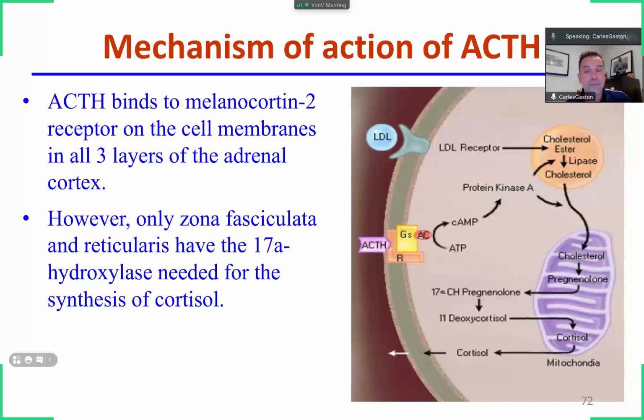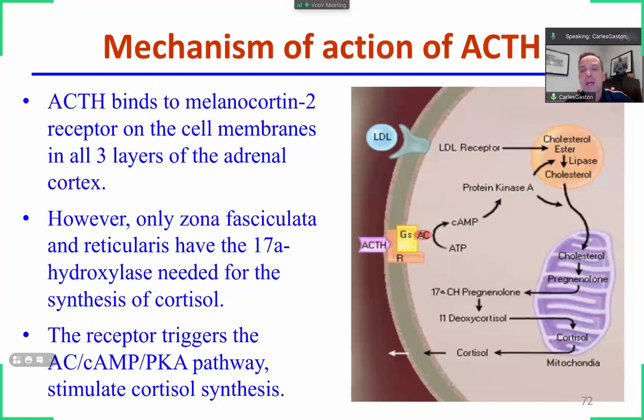However, only the zona fasciculata and reticularis have the proper enzyme to modify the cholesterol into cortisol. And remember that this enzyme is the 17-alpha hydroxylase. That's why the zona glomerulosa at the top of the gland does not produce cortisol. It will produce aldosterone because it does not have the right enzyme.